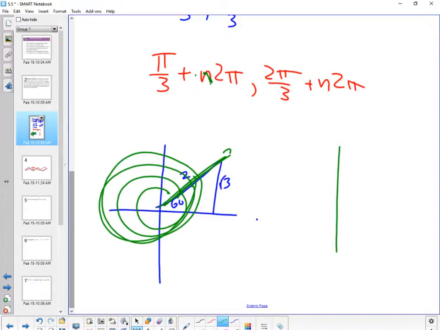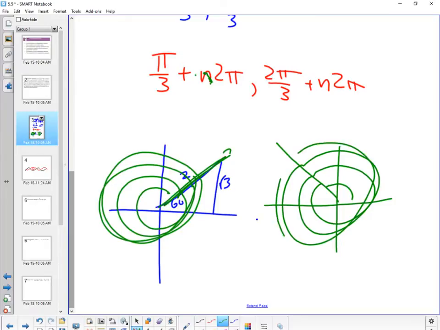Same is true for the other one where we had 2 pi thirds, correct? I would go around 2 pi once. I could do it again, twice, 3 times, 4 times, however many times I want, which is what's being represented by n. So those are the coterminals. Yes, exactly. Coterminals.